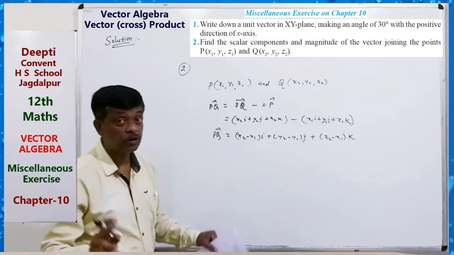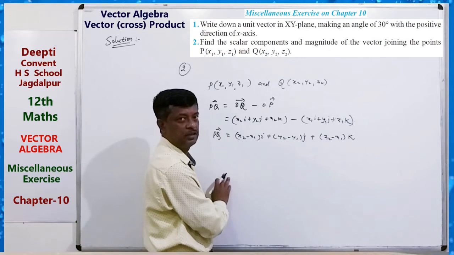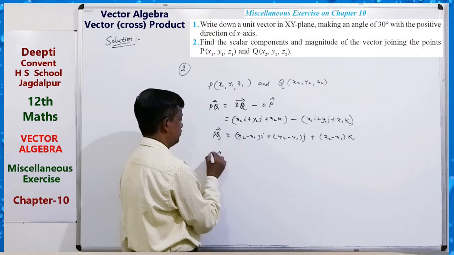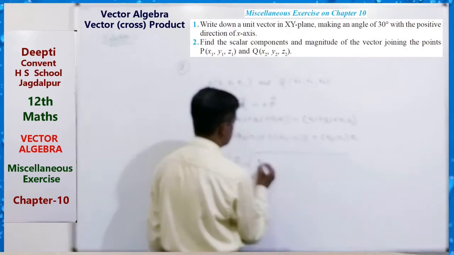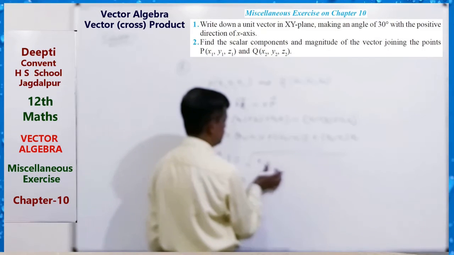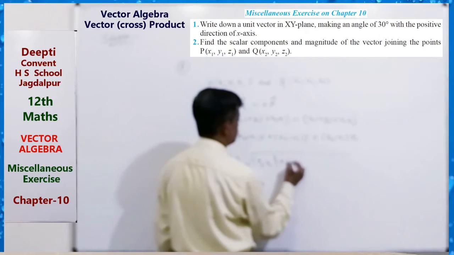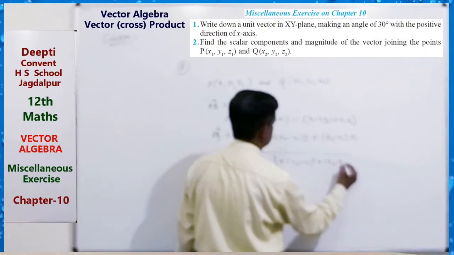Now here are the scalar components, and the magnitude is this: the square root of x2 minus x1 square plus y2 minus y1 square plus z2 minus z1 square.